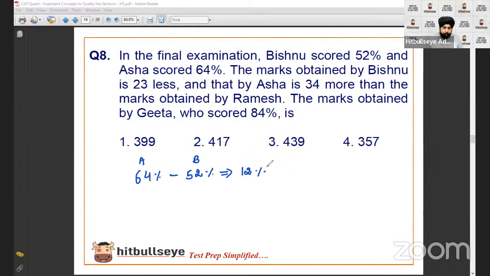Now the marks obtained by Bishnu is 23 less, and that of Asha is 34 more than that of Ramesh. If this is Ramesh, one person is 34 here, another person is 23 here. So 34 plus 23, that means they have a difference of 57 marks in absolute terms.